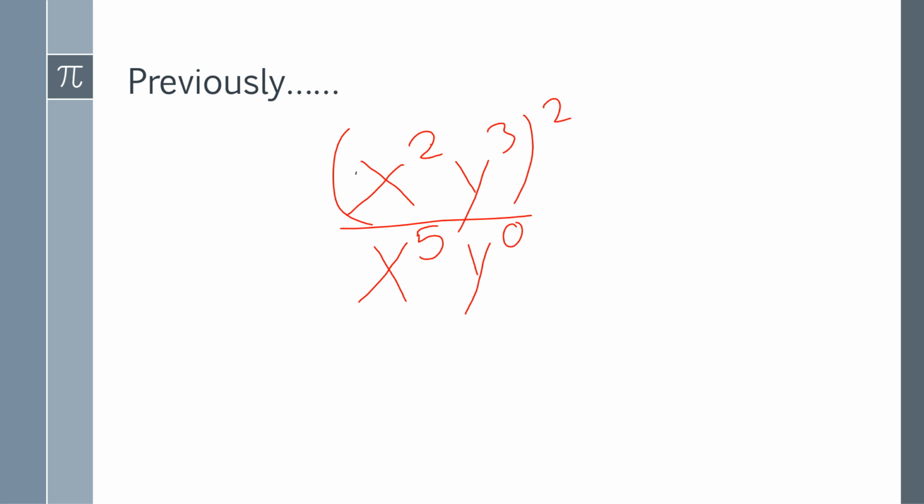Alright, so we have something like this, and we have to use the series of law of exponents. So let's do it.